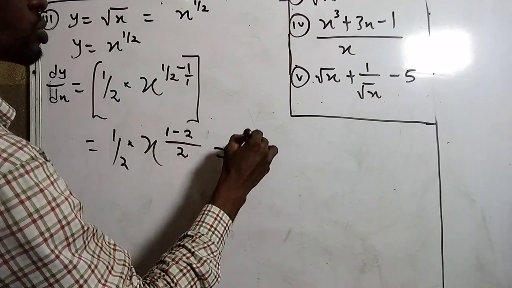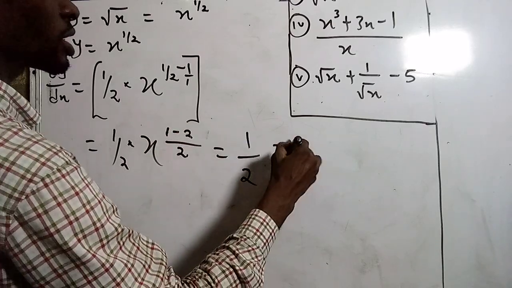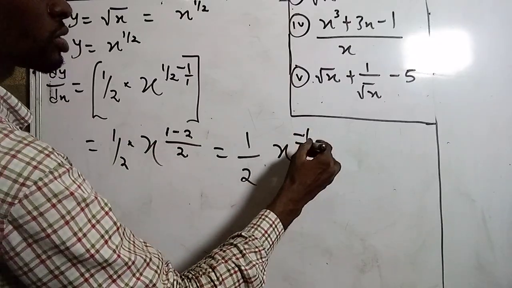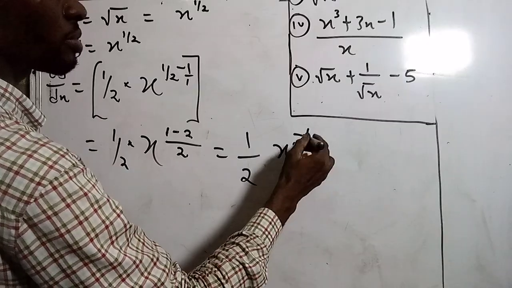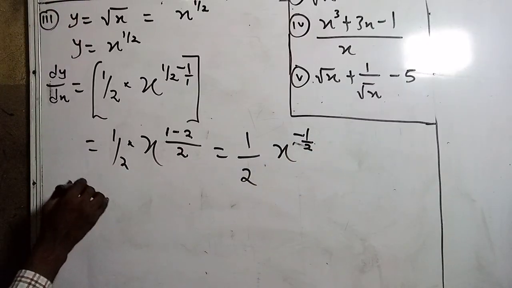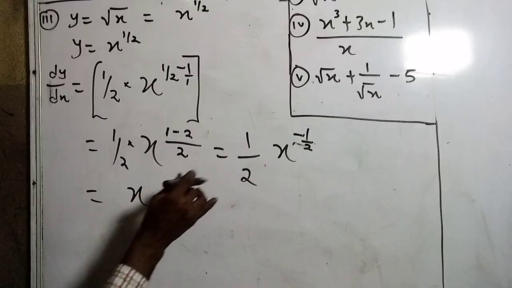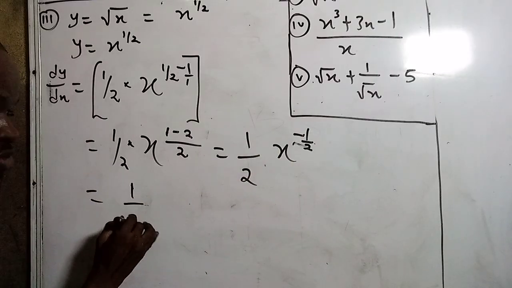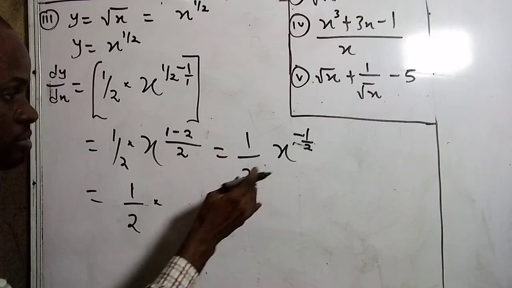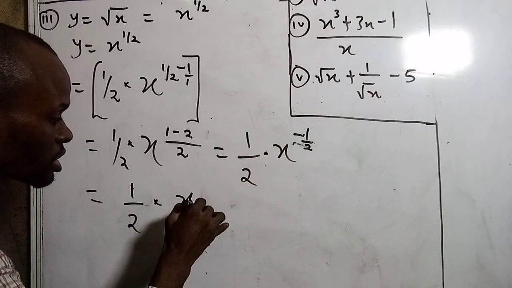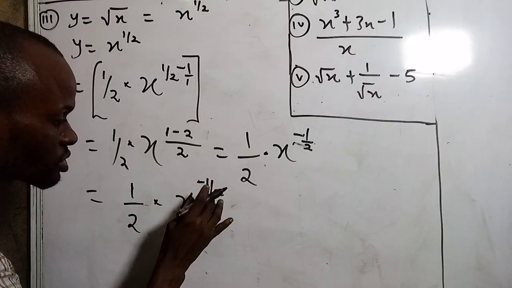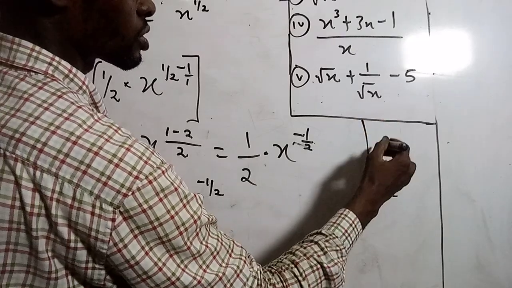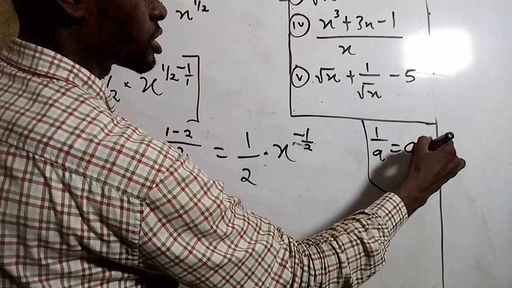So what I have is 1 over 2 times x to the power of 1 minus 2 is minus 1, all over 2 for the power. So finally, I'm having 1 over 2 times x to the power of minus 1 over 2. And you know, if I have a minus here, from the law of indices, 1 over a is the same as a to the power minus 1.